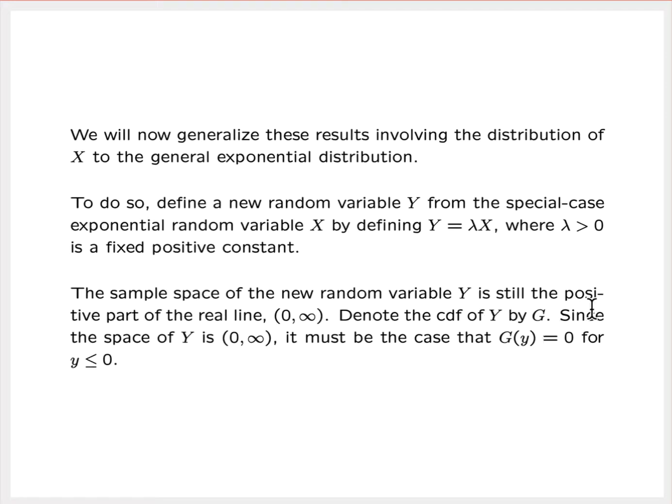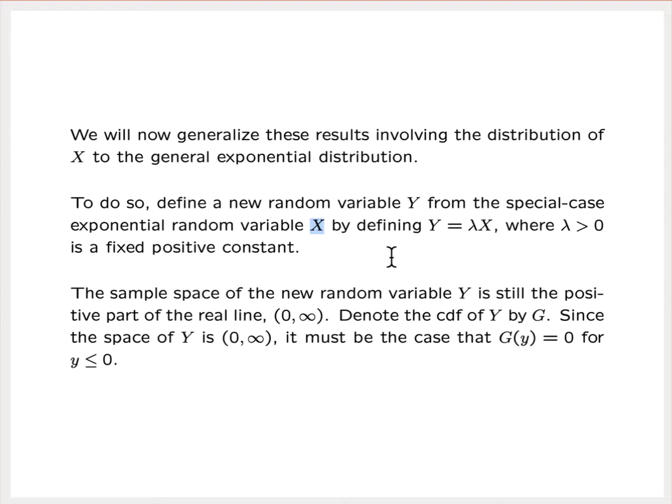What we're going to do next is generalize the results to the general exponential distribution. And so to do this, we're going to define a new random variable, which we'll call y, based upon the special case exponential random variable x that we've been working with.